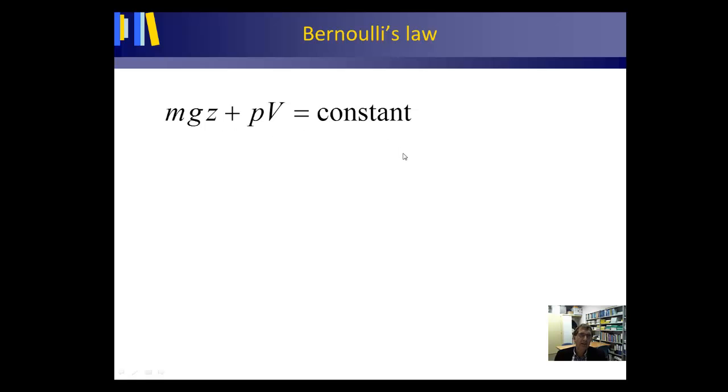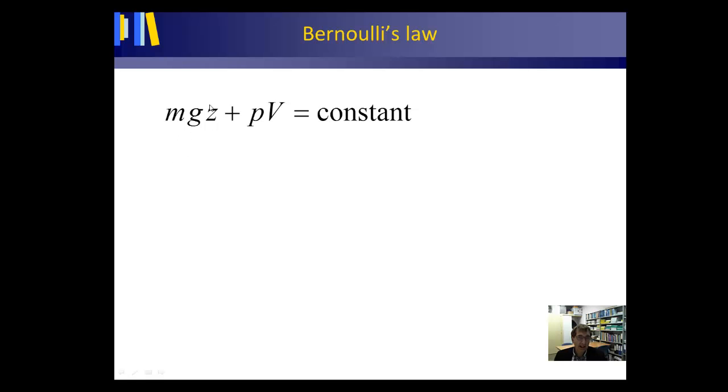In actual fact, there are three interchangeable energy terms. One is kinetic energy, which has to do with the velocity of the groundwater. I can already tell you that the velocity of groundwater is very low. Groundwater flows very, very slowly. So we can forget about that term in Bernoulli's law. So you don't see it here.